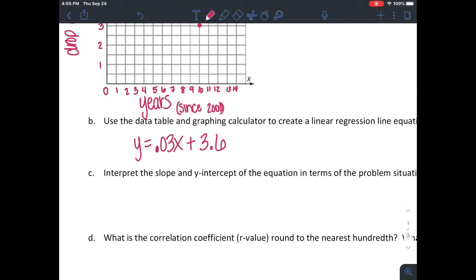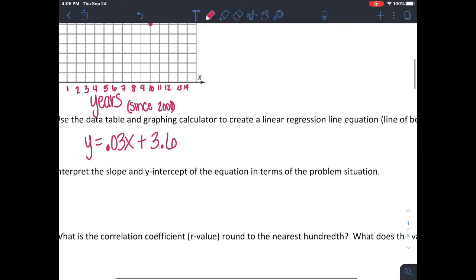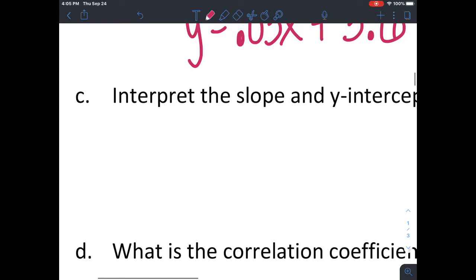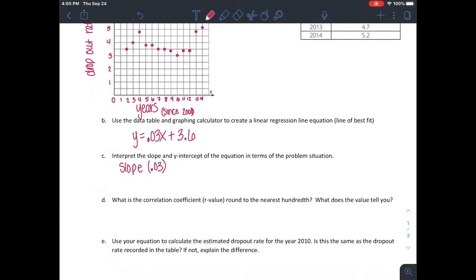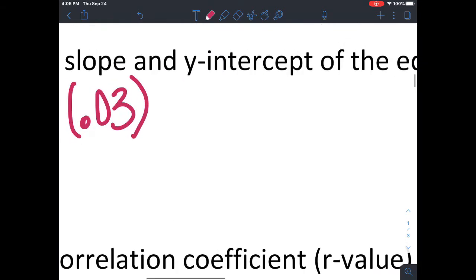interpret the slope and the y-intercept of the equation in terms of the problem situation. So we are going to say that for my slope, which is 0.03, remember, rise over run, y over x. So the dropout rate is y.